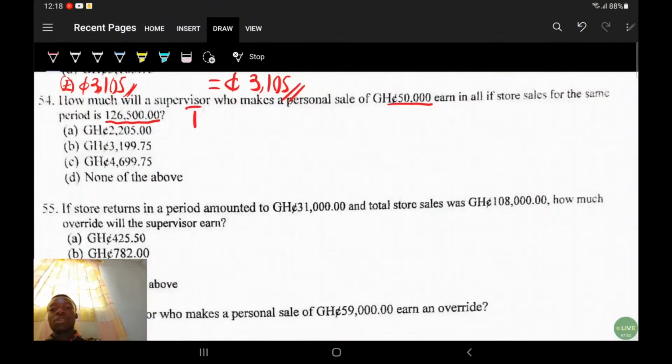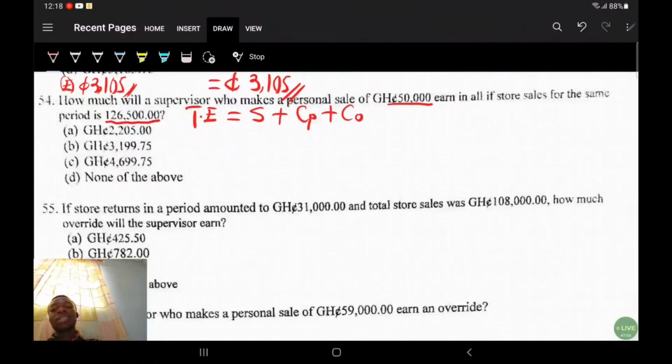So total earnings of the supervisor is going to be a salary plus his personal commission plus an override commission. Because here they give us the personal sales and they give us the store sales. So it means they're going to earn an override commission. I hope that is clear.